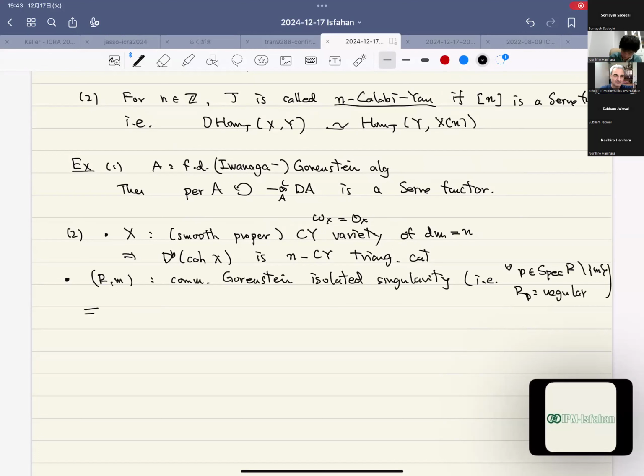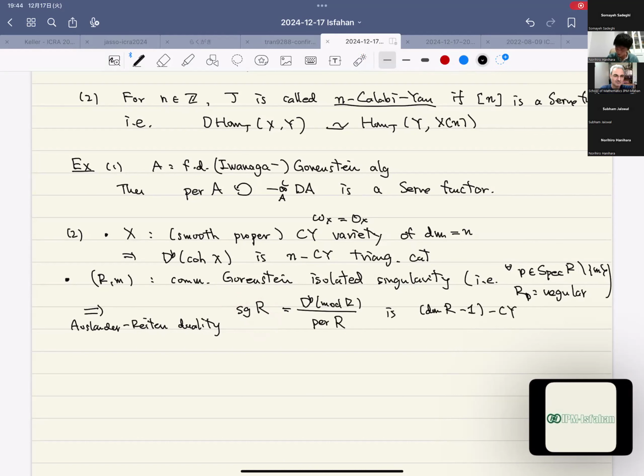Then a classical Auslander-Reiten duality implies that the singularity category, which I would denote by S_G(R), the Verdier quotient of the bounded derived category by the perfect derived category, is (d-1)-Calabi-Yau as a triangulated category.